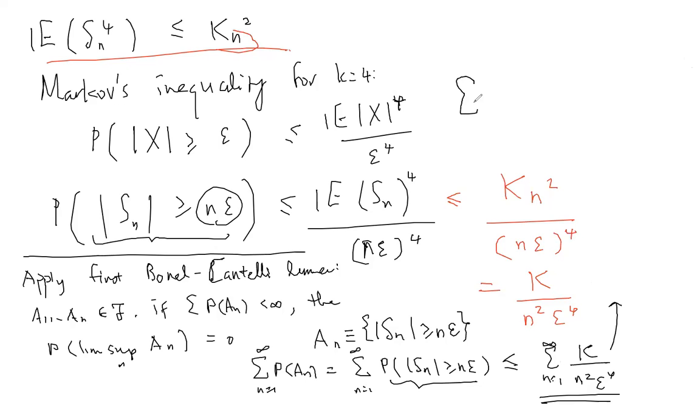We can basically ignore the constants here. We can take out k over epsilon to the power 4, so this doesn't really matter. Whether it converges or not depends on n only. So what is this sum? Does it converge?